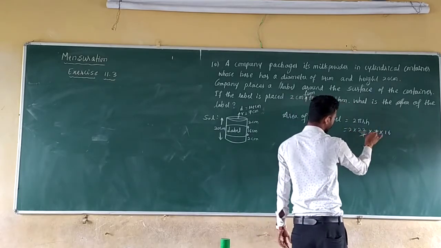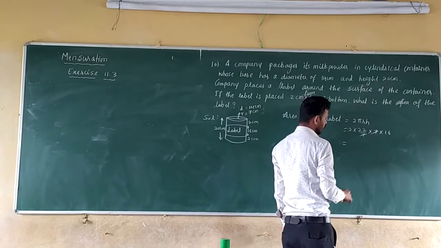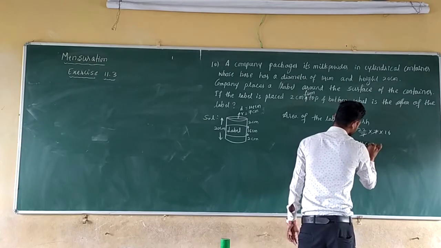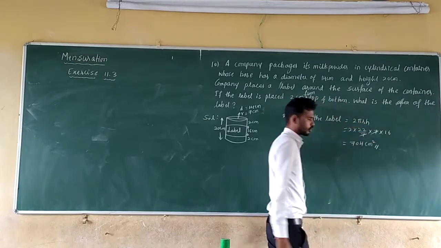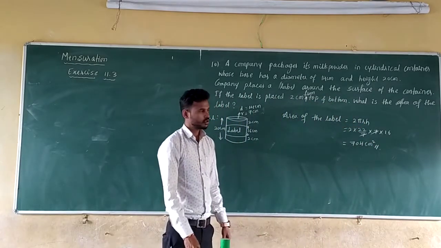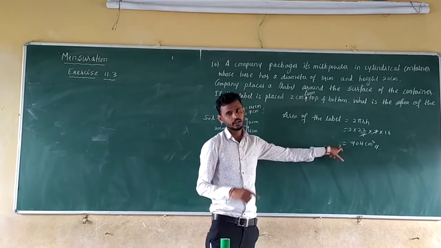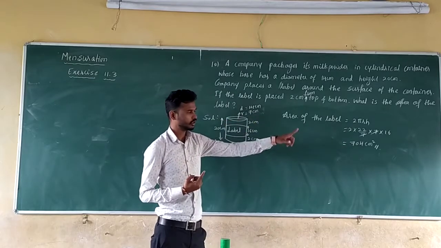Multiply 2 into 22, 44, and 44 into 16, you will get 704 centimeter square. So this is the area of the label, the curved surface area of the label.